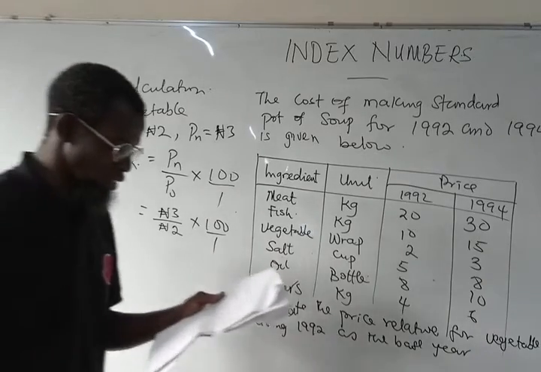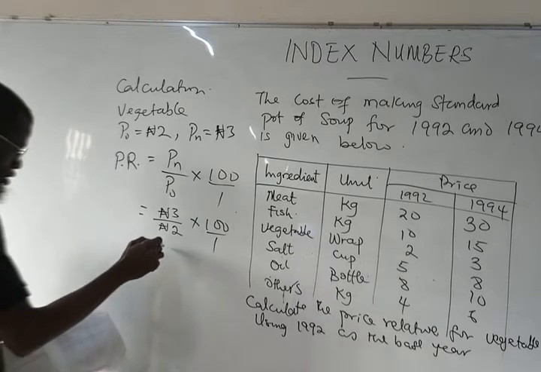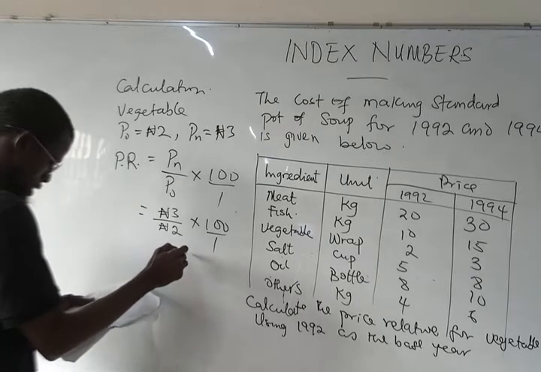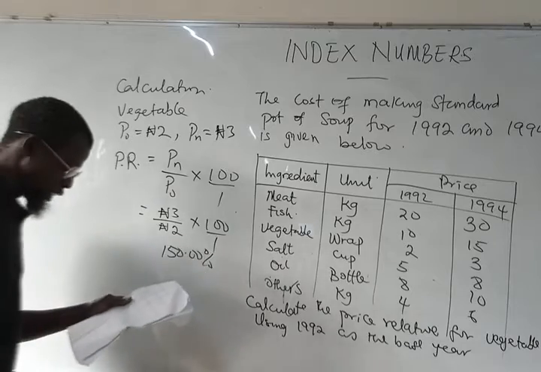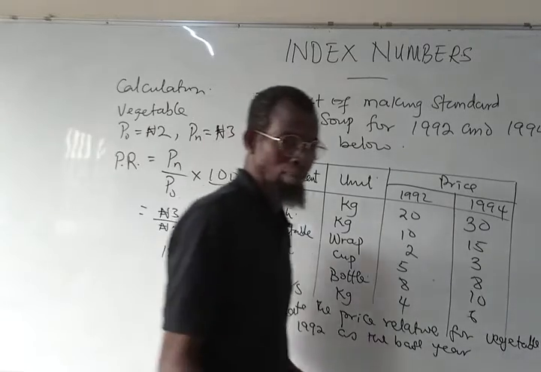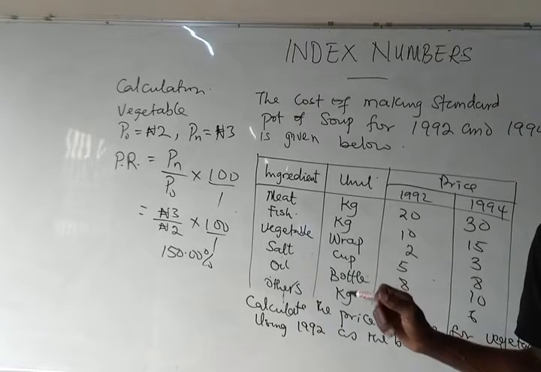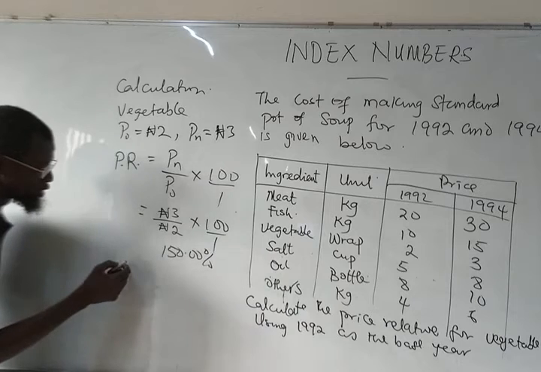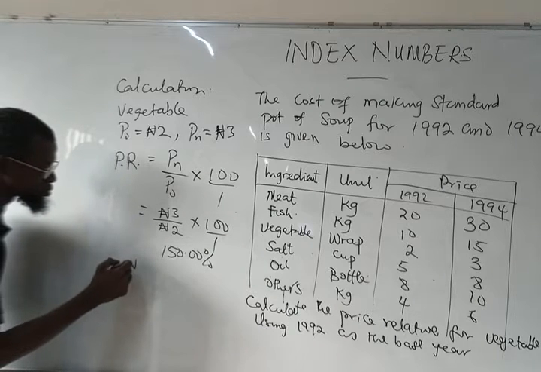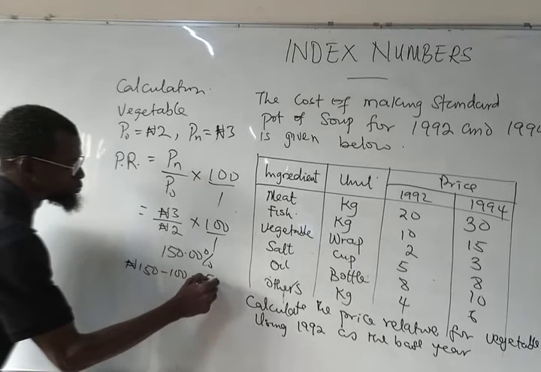And that will give us 150%, which implies that, remember I told you that you have to remove the 100 from this. It means the price of this item has gone up, and 150 minus 100 will give us 50%.